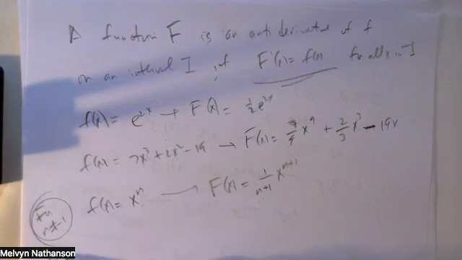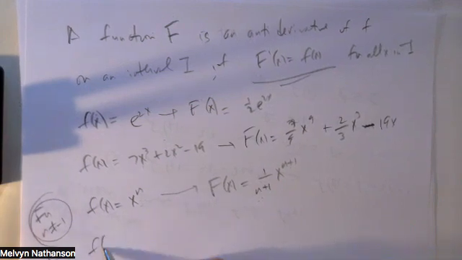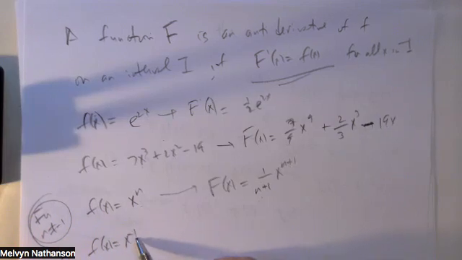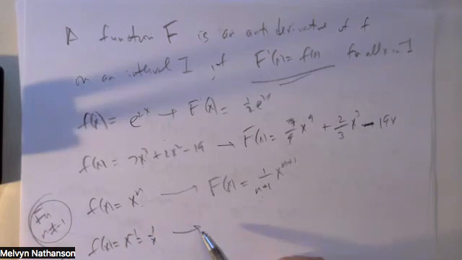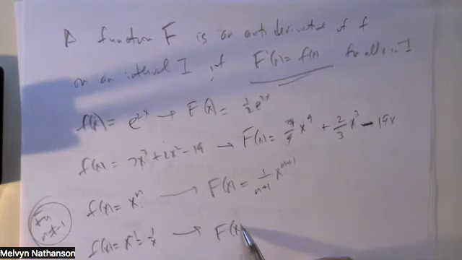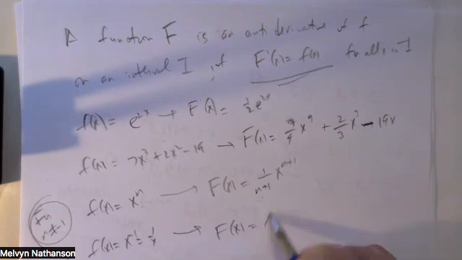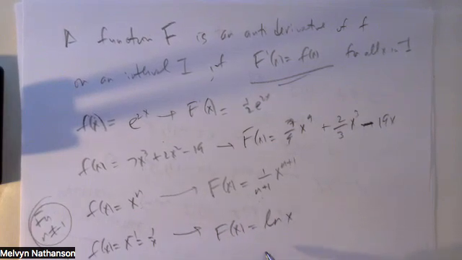What about n equal to minus 1? If f of x is x to the minus 1 or 1 over x, well, we saw that the antiderivative of 1 over x is the log of x, because the derivative of log x is 1 over x.